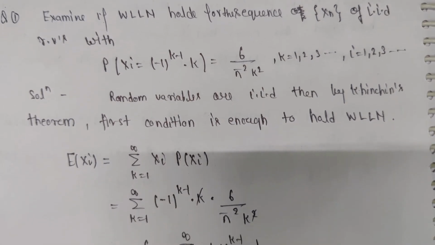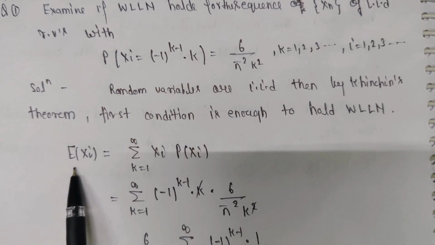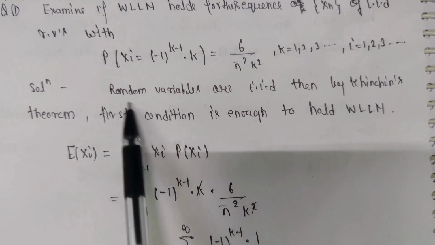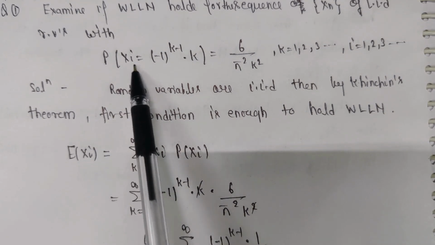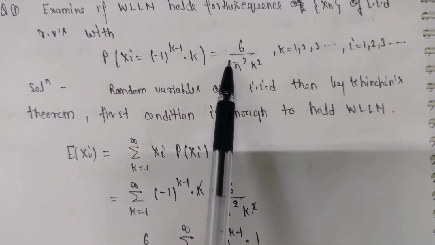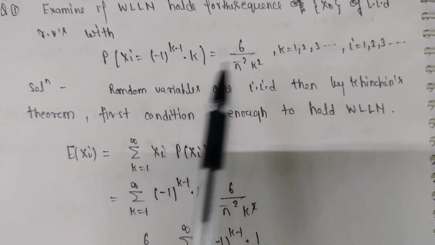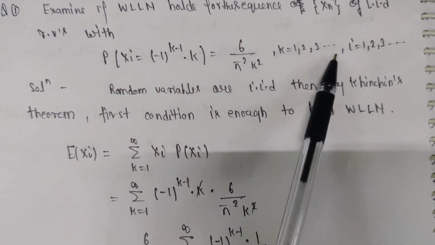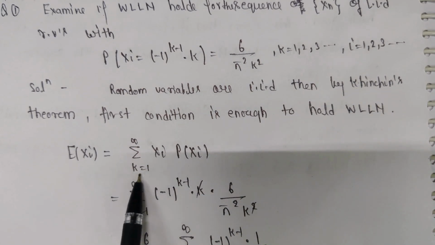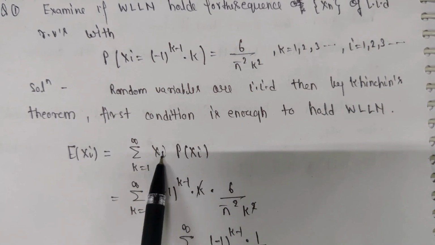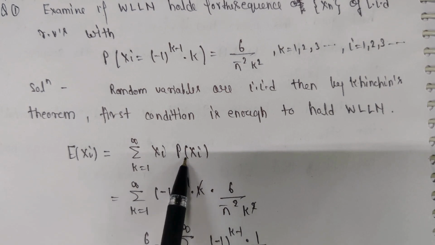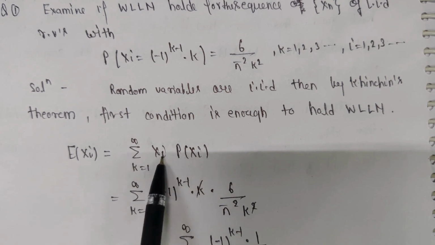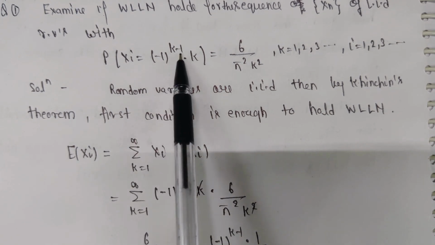Okay, so now you can see here, what is the expected value of Xi? We have Xi as a single value and the corresponding probability is 6 upon pi square into k square, with k going from 1 to infinity. So we are taking the summation over k going from 1 to infinity of Xi and the corresponding probability of Xi, and Xi is what? (-1)^(k-1) into k.